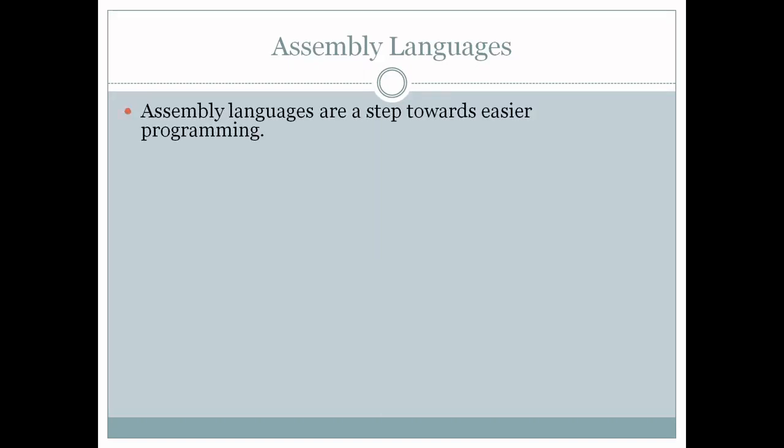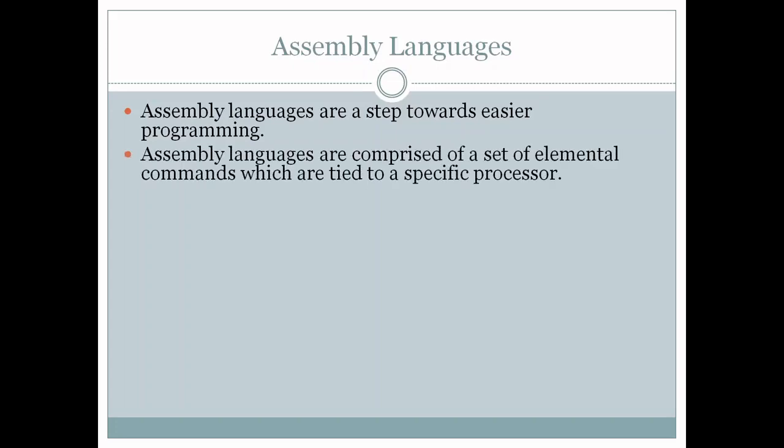Then we have one more category of language, that is assembly language. This is an improvement over the machine level language. In assembly level language, instead of combinations of ones and zeros, some mnemonics are used, English-like words are used for different operations.